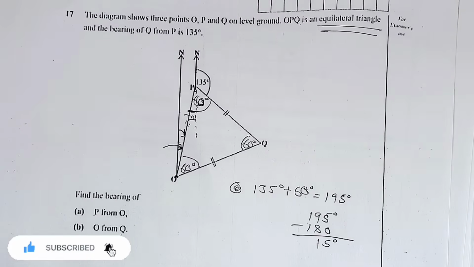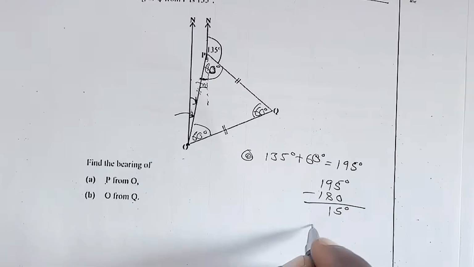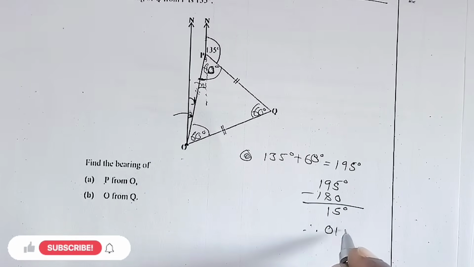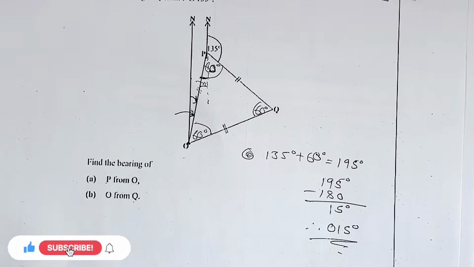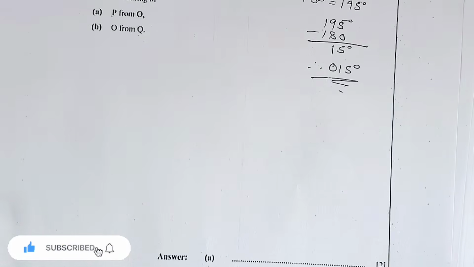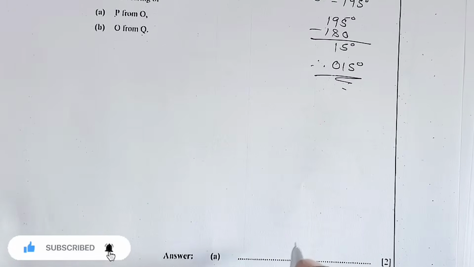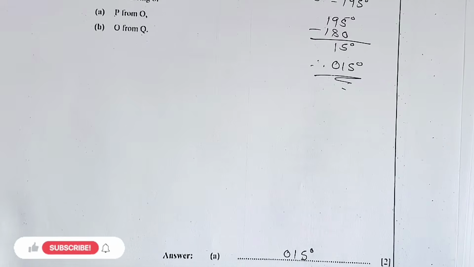In 3 digits. Therefore, the bearing is 015. And you come here on your answer space and write 015 degrees.